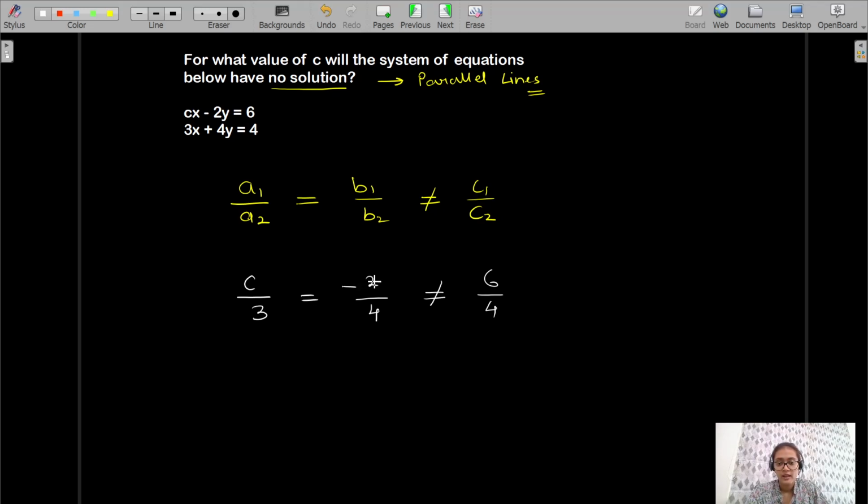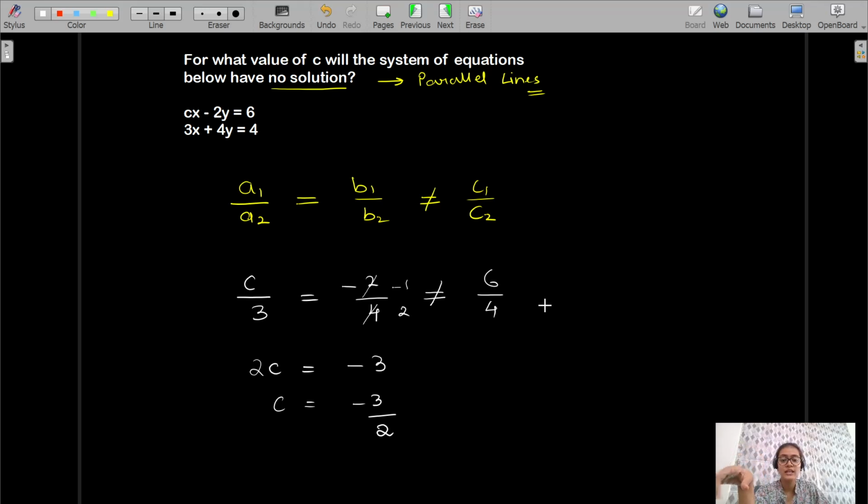Let's simplify this. It is going to be negative 1 over 2, and if you now cross multiply, you get 2 times C equals negative 3, and C is equal to negative 3 over 2. So your value of C is equal to negative 3 over 2.